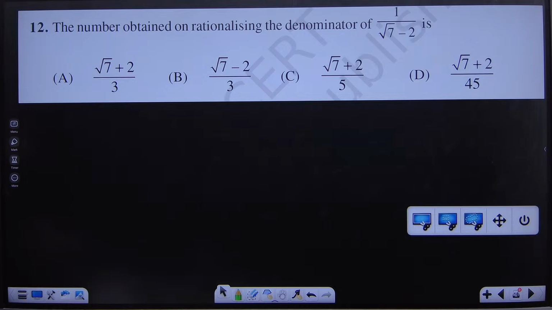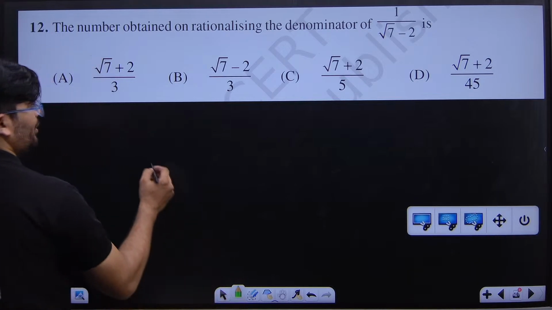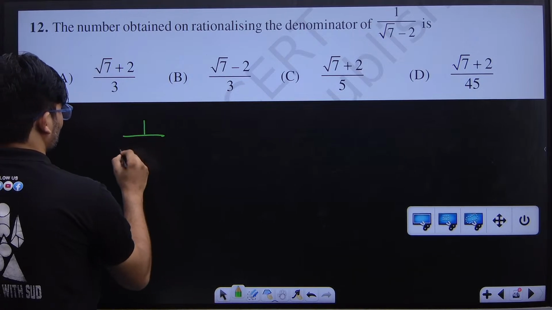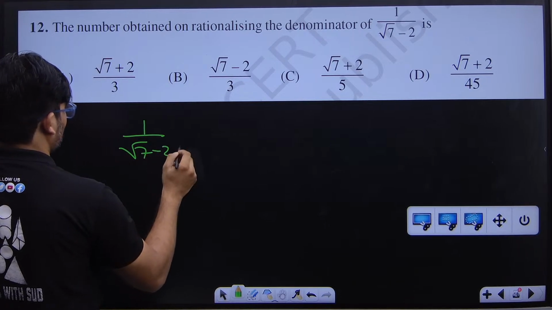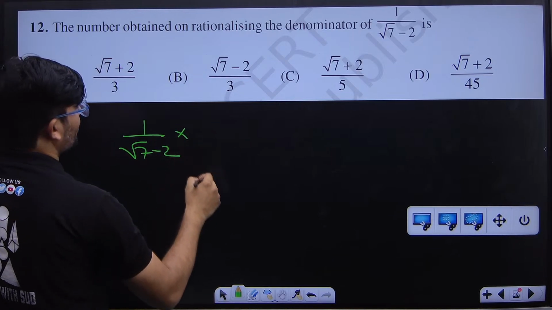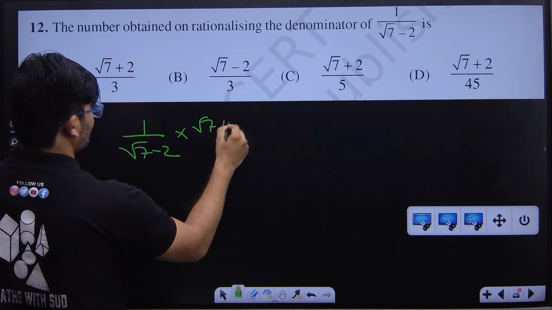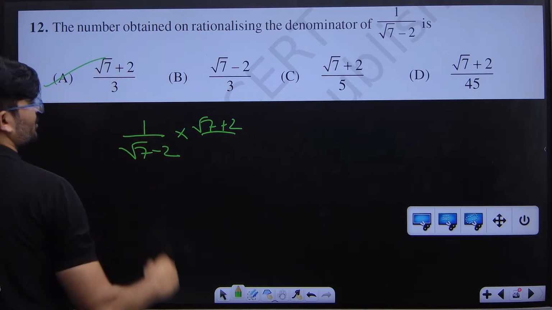So I think it's A. I got the numerator part, so it's going to be root 7 plus 2. So 7 minus 4 is correct. Wonderful.